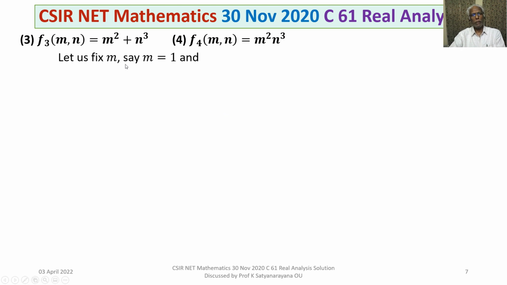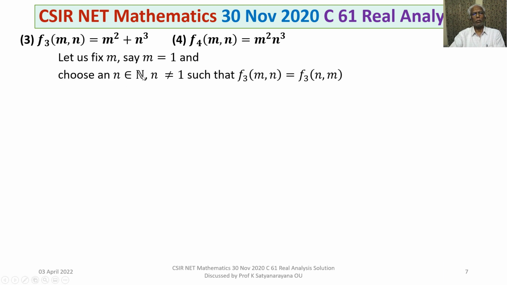Let us fix m, say m is equal to 1, and choose an n in N, n not equal to 1, such that f3 of 1 comma n is equal to f3 of n comma 1. So f3 of 1 comma n is 1 square plus n cube, and f3 of n comma 1 is n square plus 1 cube.